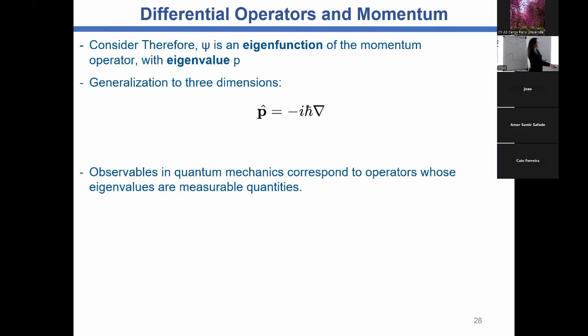And observables in quantum mechanics correspond to operators whose eigenvalues are measurable quantities. So we can measure the operator when we apply it on those systems.